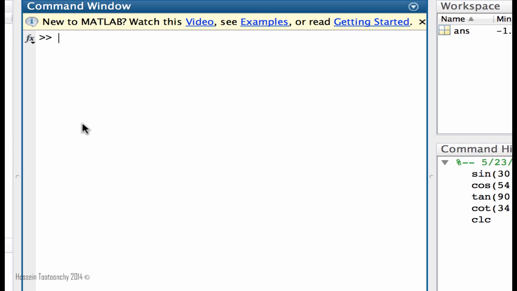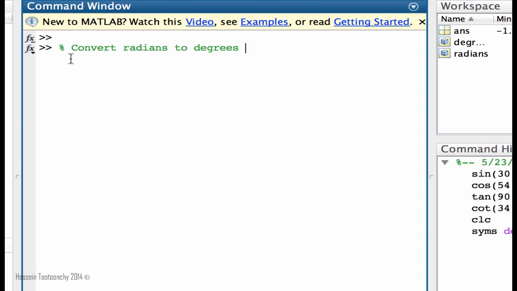Before doing that, let me just recap the formulas that we use for converting radians into degrees and vice versa, because they're important for this session. You already know them, but it's good just to review them here. Now I'm going to convert radians to degrees. And we learned that if you put a percent sign in front of any line in Matlab, it's going to be interpreted as a comment.